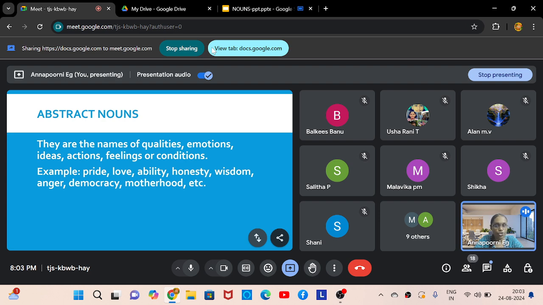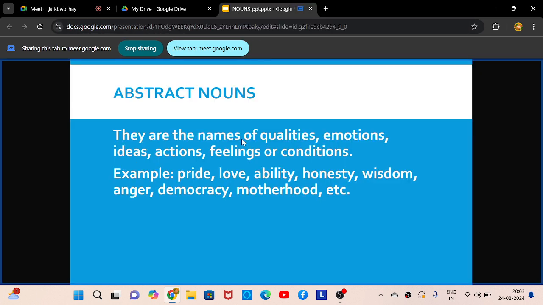Love is an emotion. Ability is a quality. Honesty is yet another quality. Wisdom is a quality. Anger is an emotion. Democracy and motherhood are two ideas, two concepts. So these kinds of qualities, emotions, ideas, feelings or conditions are called abstract nouns. So I hope you are clear with abstract nouns.